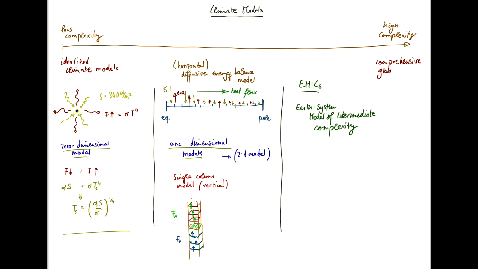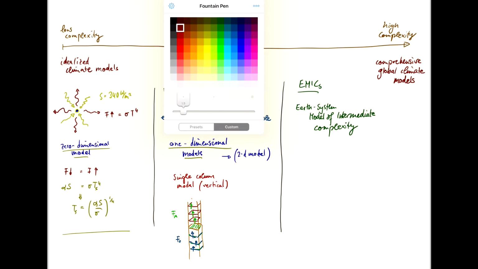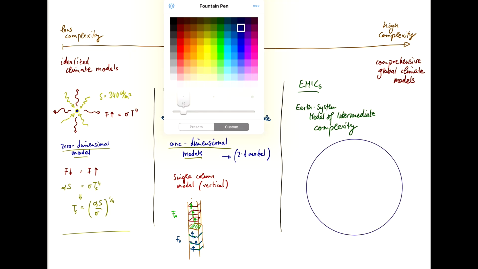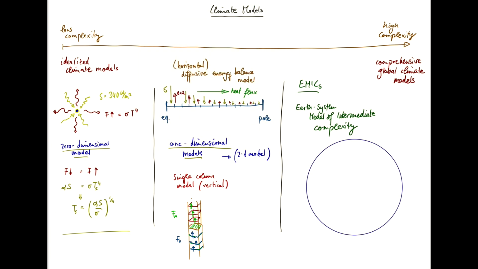And you typically consider global climate models here. A comprehensive global climate model tries to represent every process that is relevant for the climate. An EMIC is sort of two thirds of the way there. An EMIC tries to resolve the full globe and partitions this into a number of grid boxes.